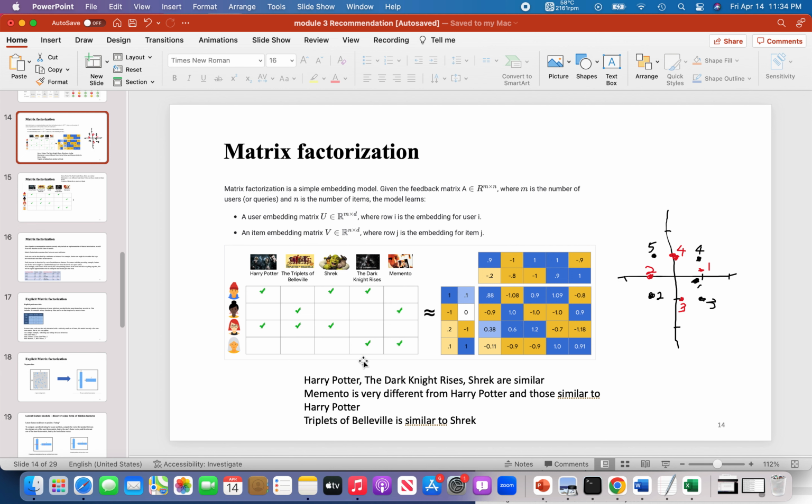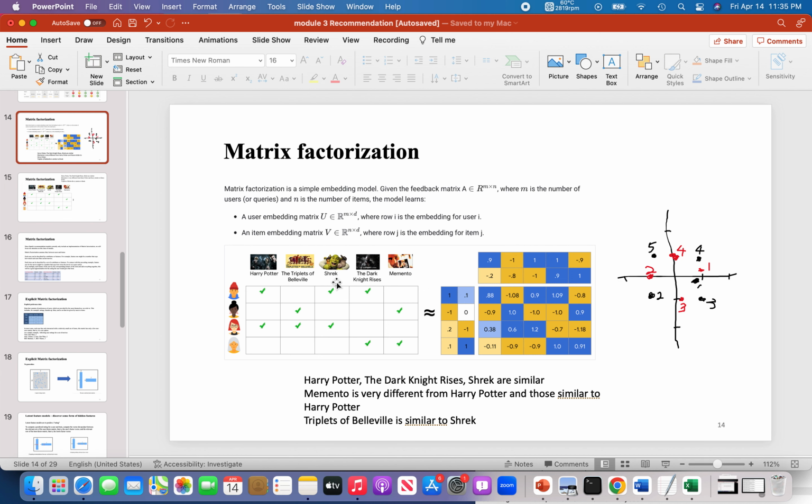It appears that Harry Potter, Dark Knight Rises, and Shrek are similar. And Memento is an action movie that is very different from Harry Potter and those similar to Harry Potter. Triplets of Belleville is similar to Shrek because both are animated movies.